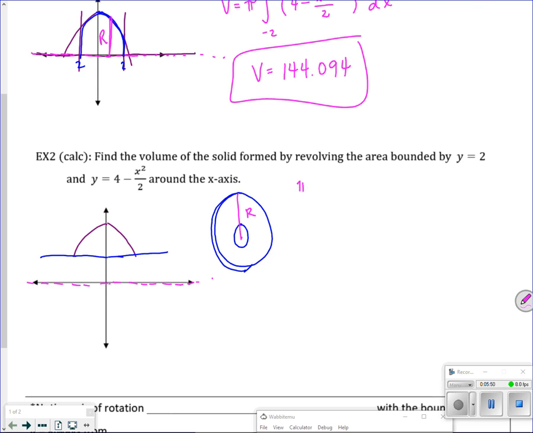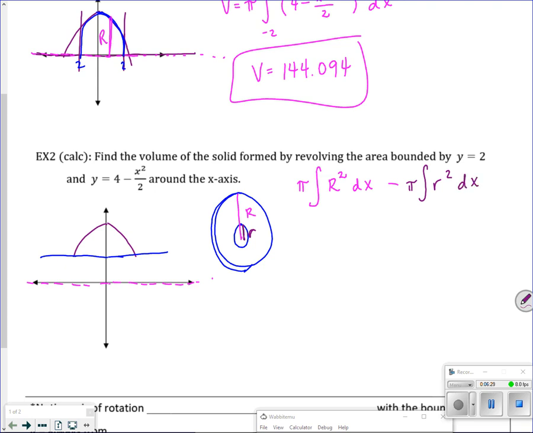So if I do pi times the integral, and I know we're going to have bounds on this, but just get my point. If I have pi r squared dx, that gives us the volume as if it were solid. But I have to take out the volume of the hole. Now the volume of the hole is going to be from here, I'm going to call that little r, the radius of that hole. So I would take out this.